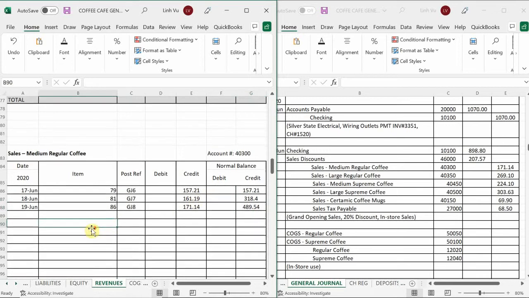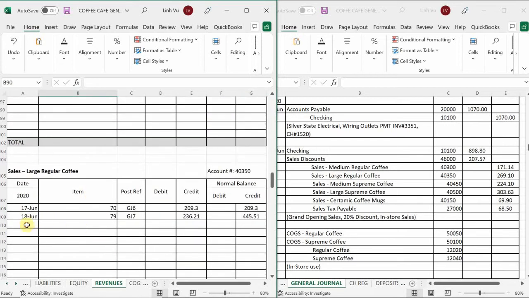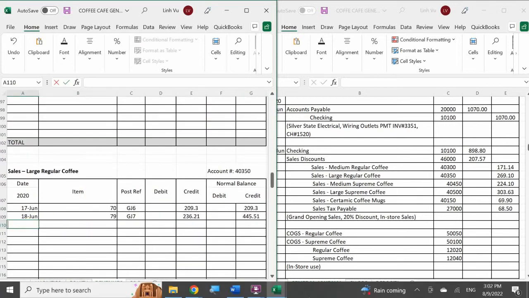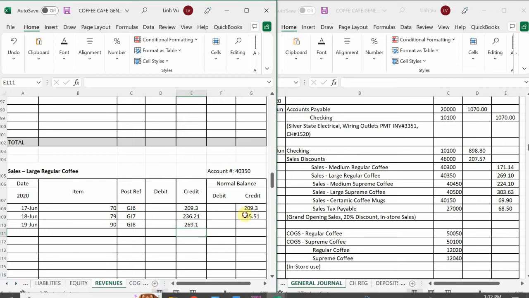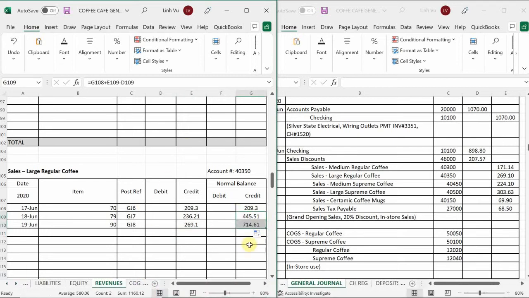Good. And then for the large regular coffee, it's 90 cups, and it's on page 8. And credit 269.10. And then the total is 714.61. 714.61. Good.